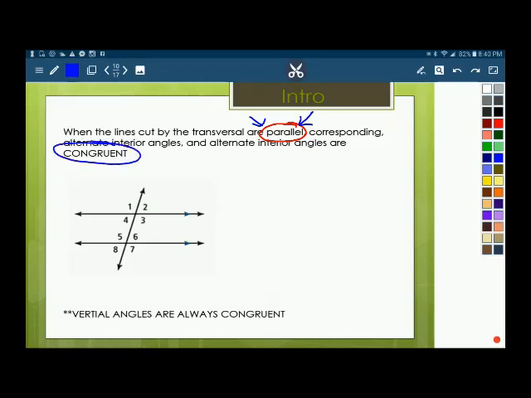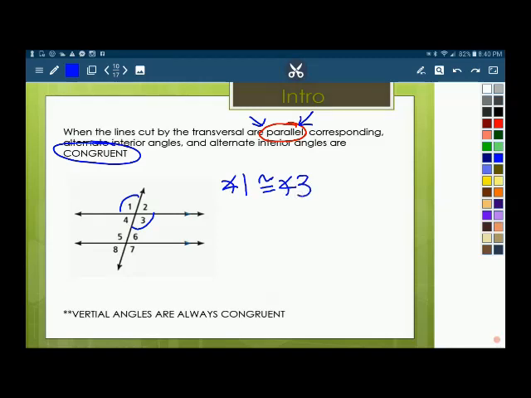They create congruent angles. So if I say that 1 corresponds to 3, since they're corresponding, I can say that they're also congruent. So angle 1 would be congruent to angle 3.